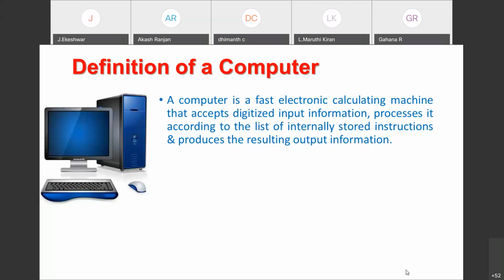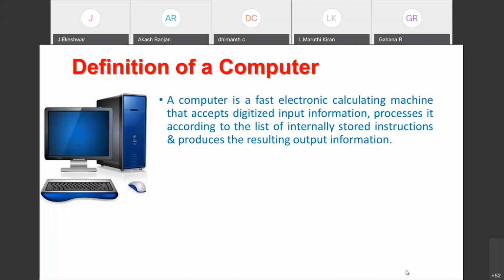So the processor is going to take the instructions stored in the memory one by one, and it is going to process or execute that instruction, and then it is going to produce the resulting output information. So that output information will be sent out to the outside world using the output unit. So these are the important terminologies you need to know with respect to a computer.